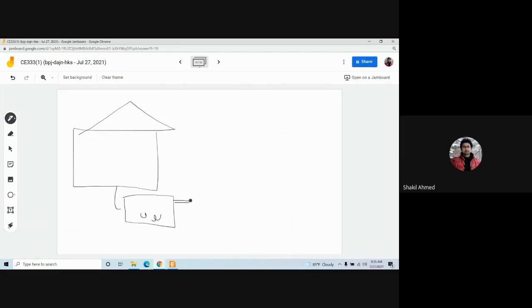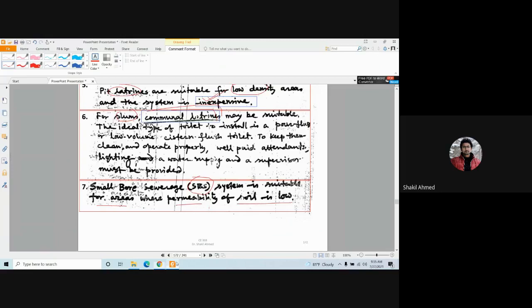As a result, the size of the sewer will be smaller, because your solid portion has been retained by the septic tank and is not coming out. So the size of the sewer, that means the pipe, will be smaller. That's called the SBS system.